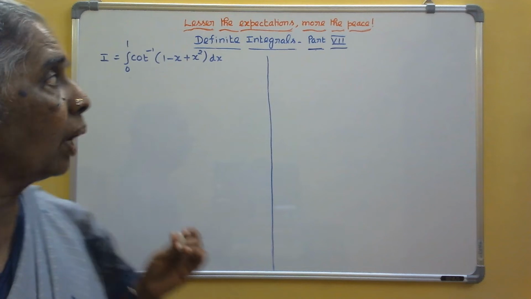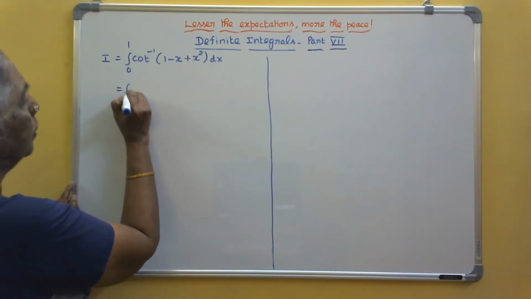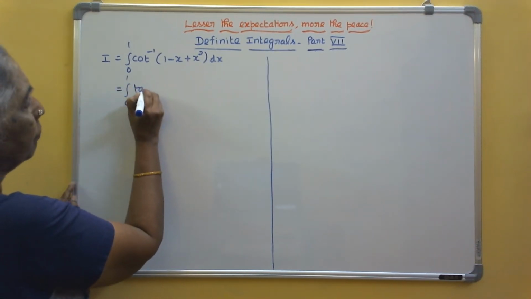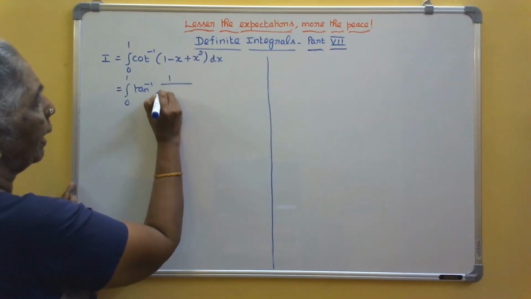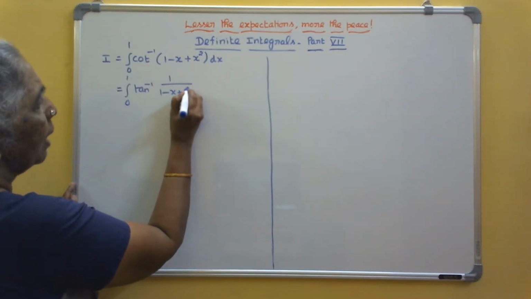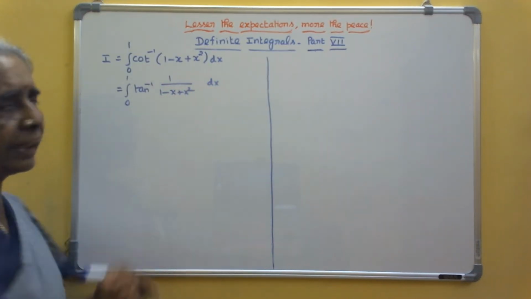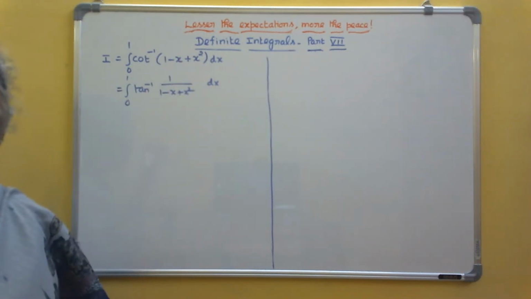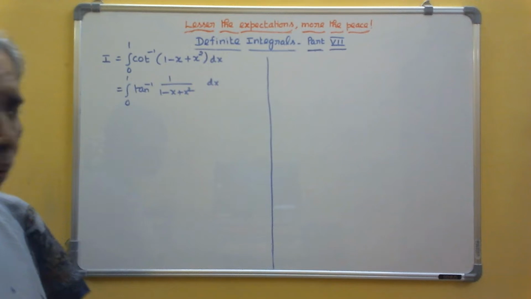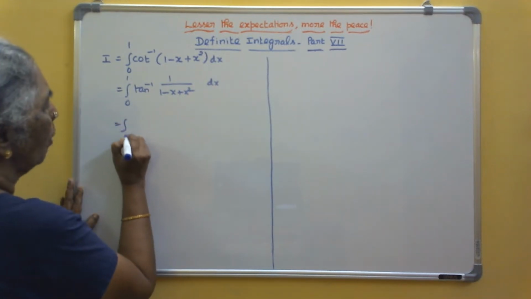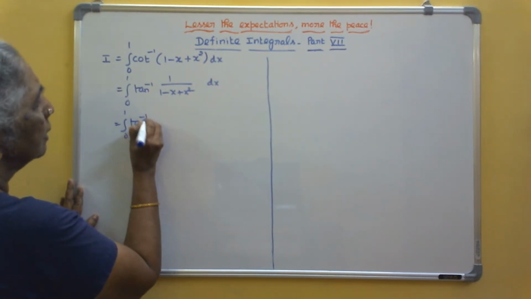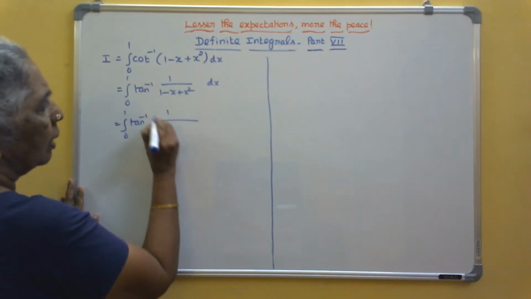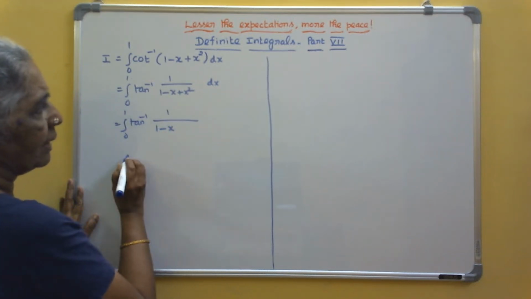Okay. So now we can write I is equal to integral 0 to 1 tan inverse 1 by (1 minus x plus x squared) dx. Let us bring some format here. I am going to write the denominator as 1 minus x times x, taking the 1 minus x out.